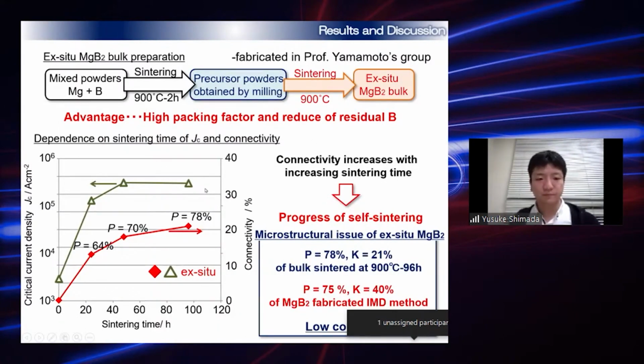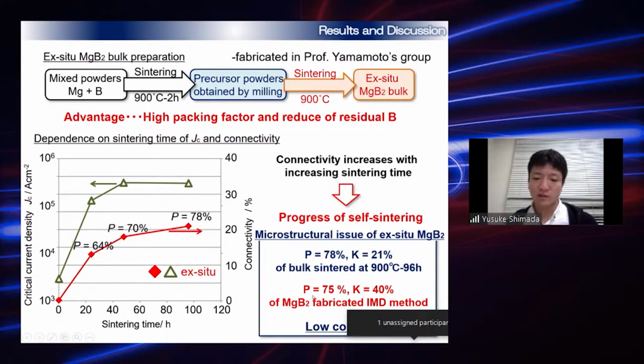So here shows the dependence of JC and connectivity on sintering time. Connectivity increases with increasing sintering time. The packing factor is 78% and connectivity is 21% for the bulk sintered at 900 degrees for 96 hours.